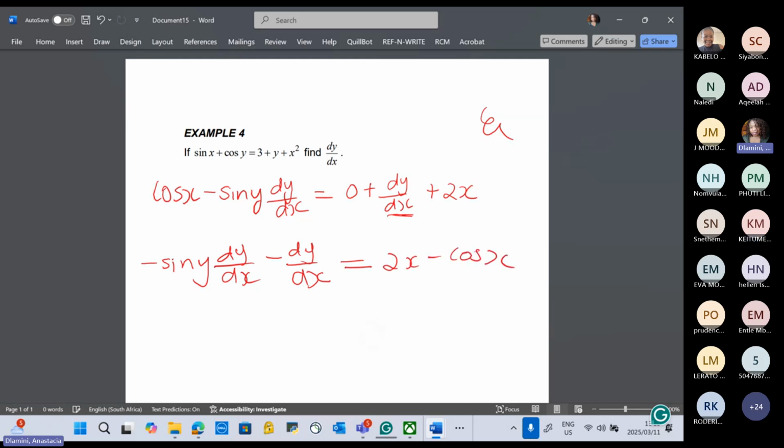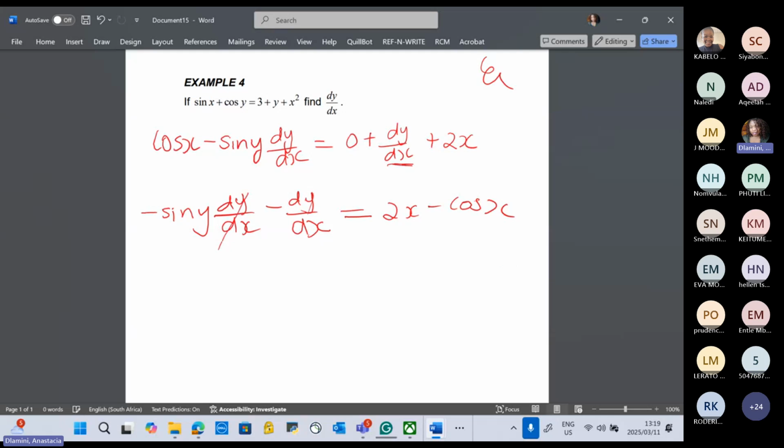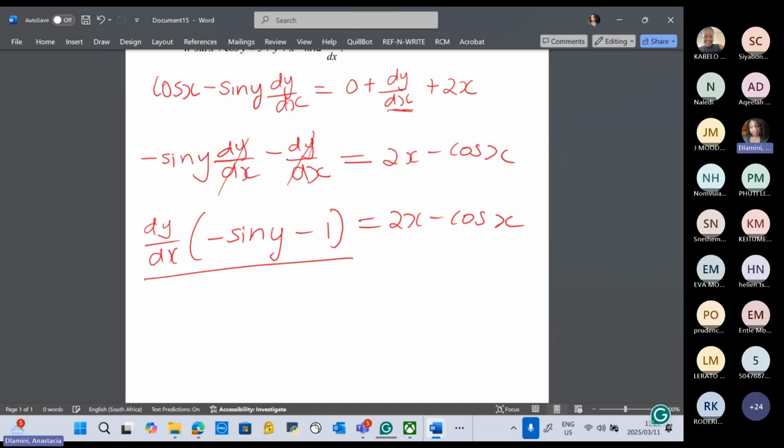So then we can take out dy over dx because it's common. So dy over dx, then we have minus sine of y minus 1, which equals 2x minus cos of x. Right? So then we divide both sides by minus sine of y minus 1.